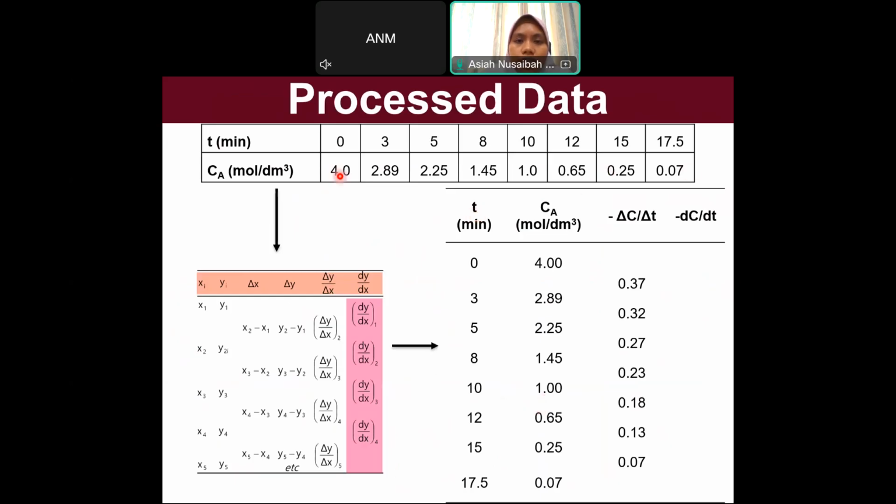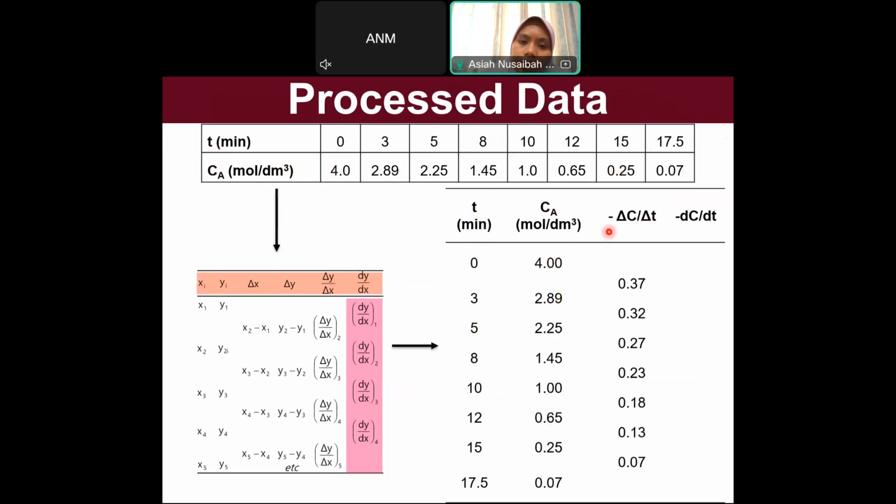Based on this data, given time and C_A, we have to tabulate the change of y and the change of x. Here we have time 0, 3, 5, and so on, and concentration of A is 4, 2.89, and so on. Then we find minus change of C over change of t.